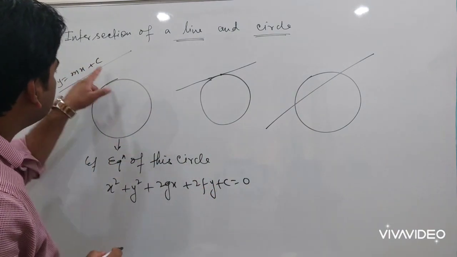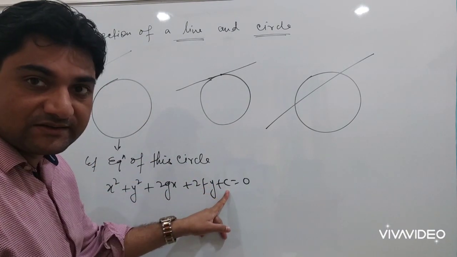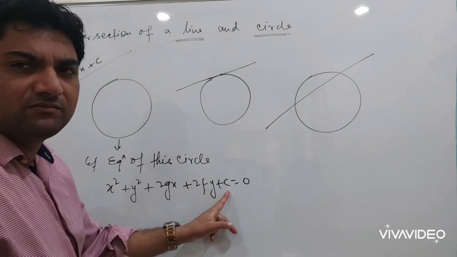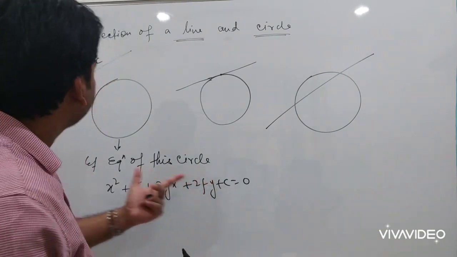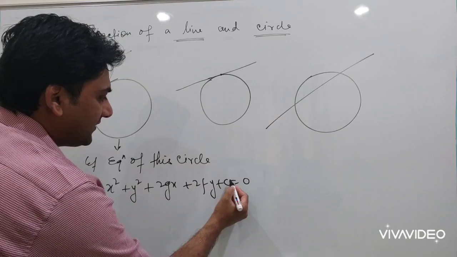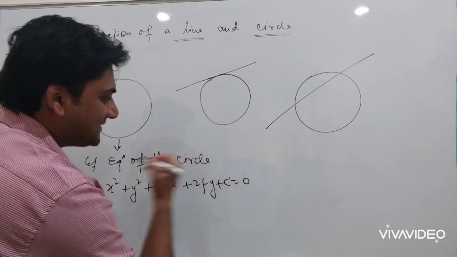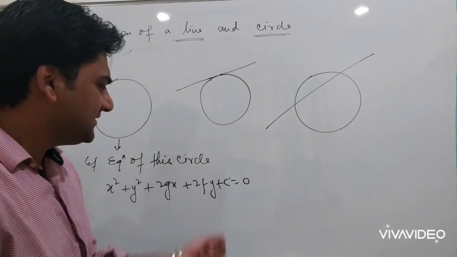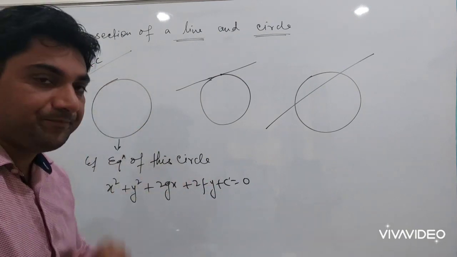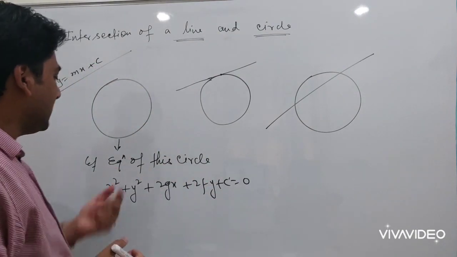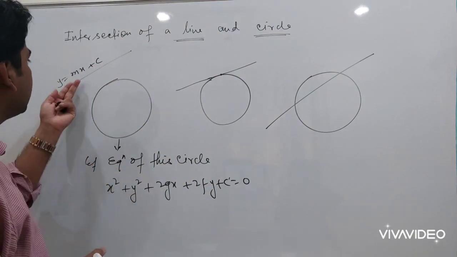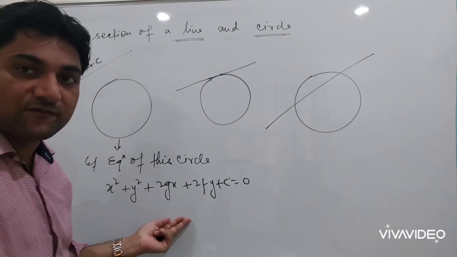These two c's are constants and may be the same or different, so I can present one by c dash, just to make a difference between these two. So we have two equations, the equation of the line as well as the equation of the circle.